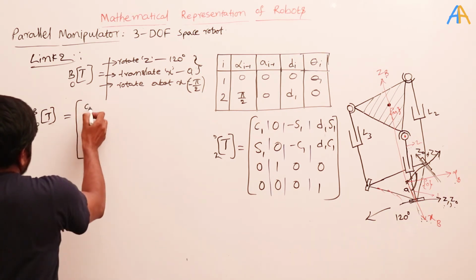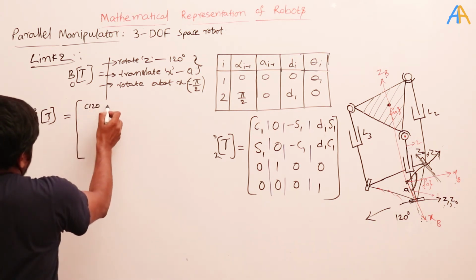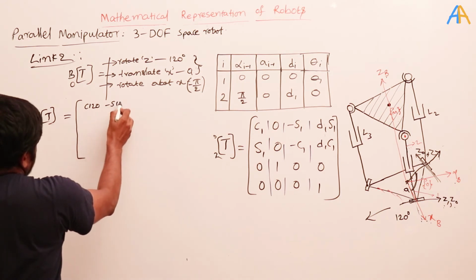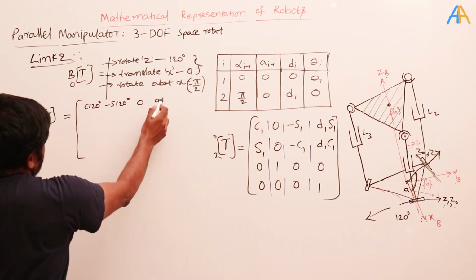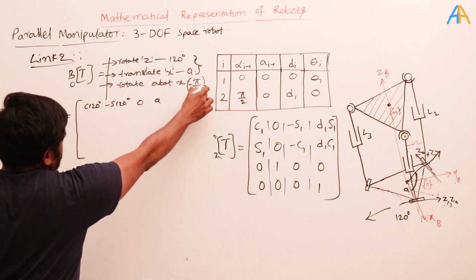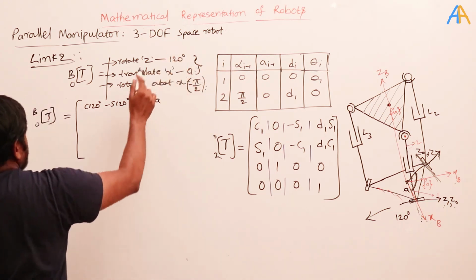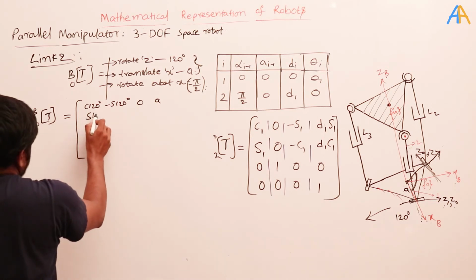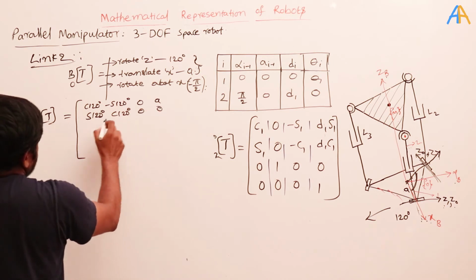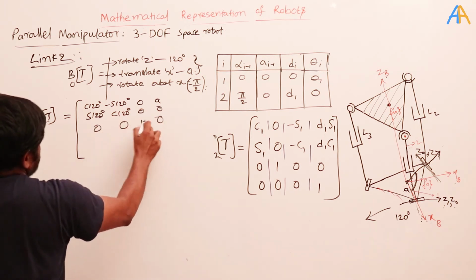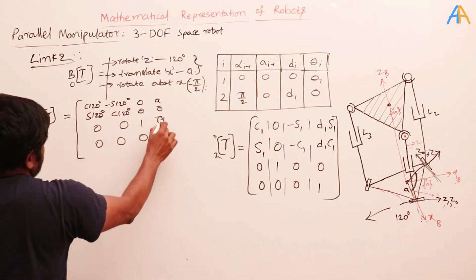So this is C120 and minus S120 and 0. I will keep a. Either you can combine a in the below rotation or in the above rotation. Okay, S120 and C120, 0 0 0 0 1 0 0 0 0 1.